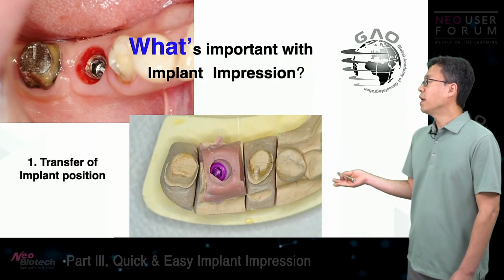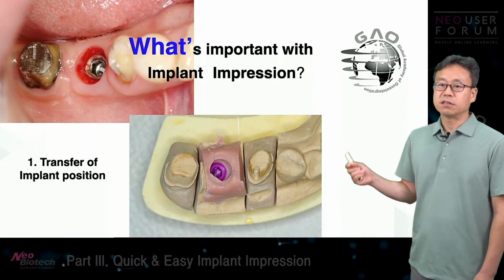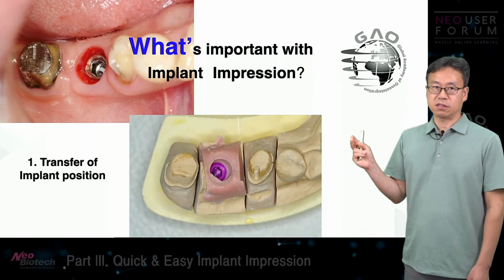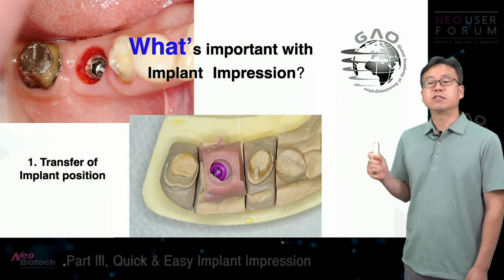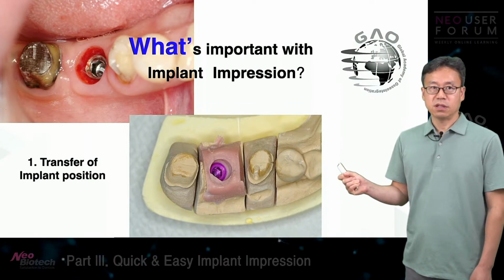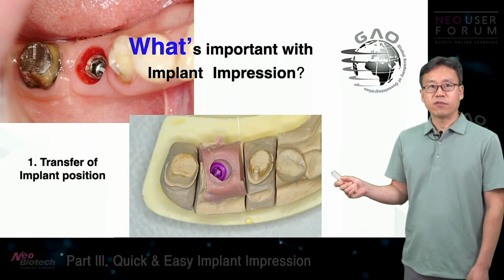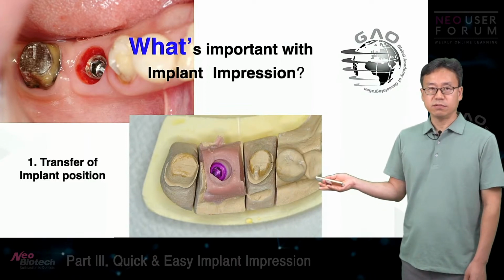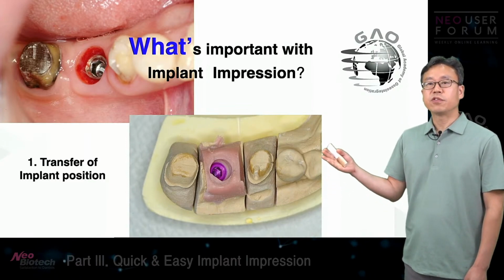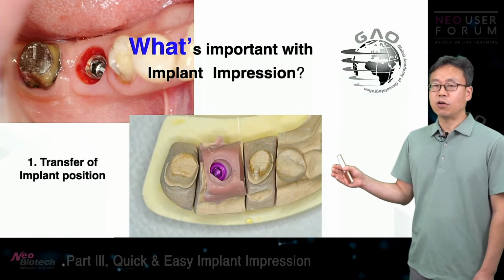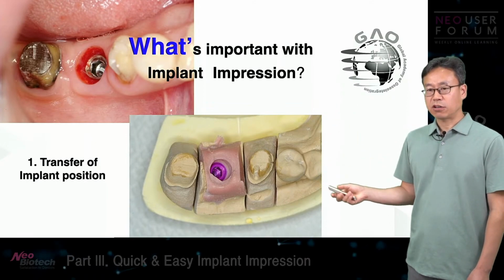With implant impression, I think there are 2 important things, and we need to get 2 kinds of information. First one is the information about implant position. We need to transfer the position of implant onto the model as accurately as possible.